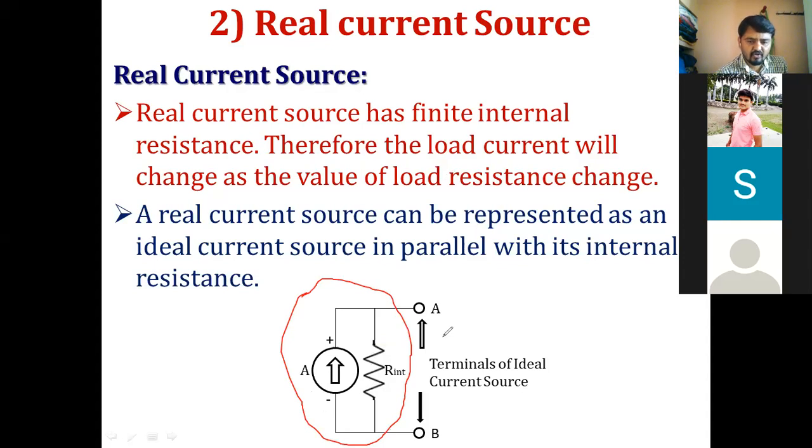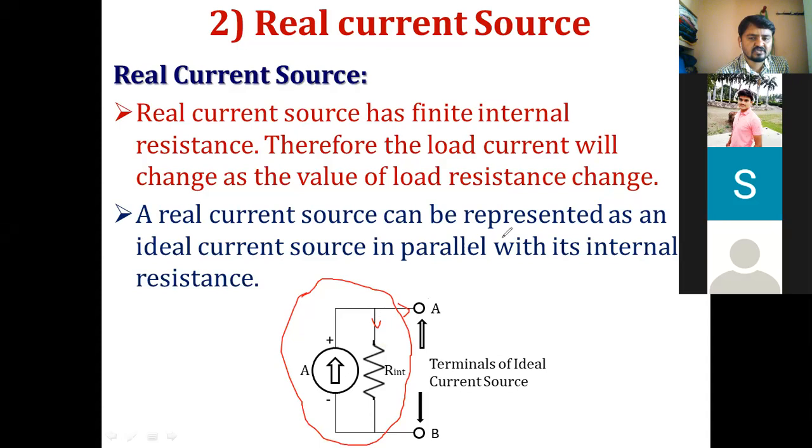Therefore, we connect the load resistance across this. If the load resistance changes, then the current flowing through it will also change, because of this internal resistance, some current will flow through it. If the value of resistance is changed, then the current will also change here.